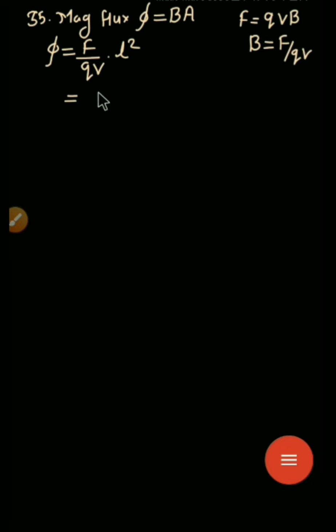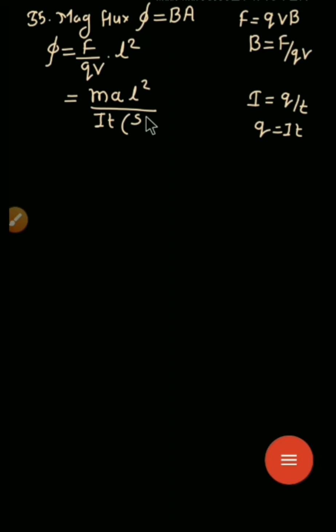So here force is mass into acceleration. This L square is as it is. Then we have a charge. Charge is what? Current. We know current is equal to charge upon time. So here charge is equal to IT. So we'll write here IT, and velocity is nothing but displacement upon time. So let us solve this.